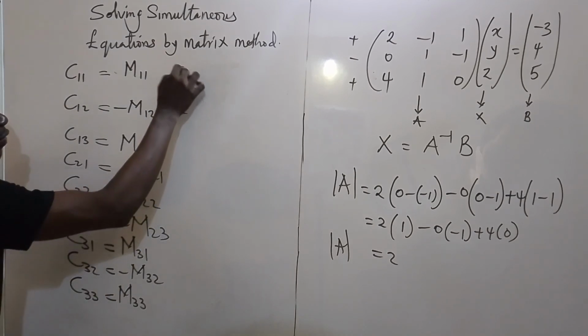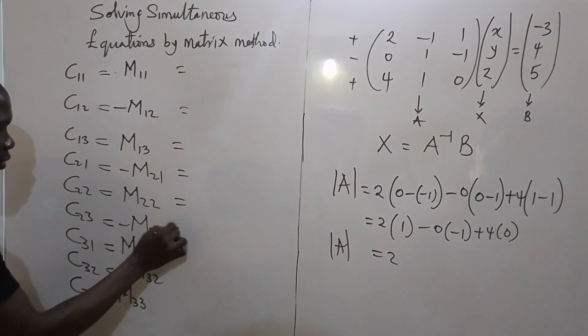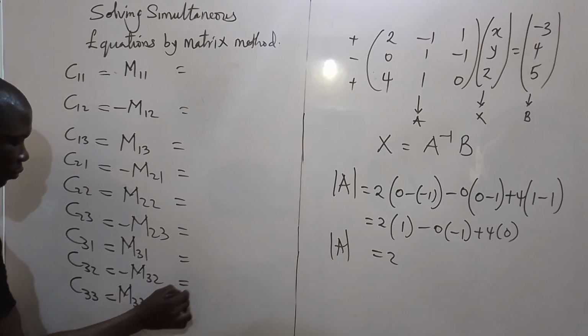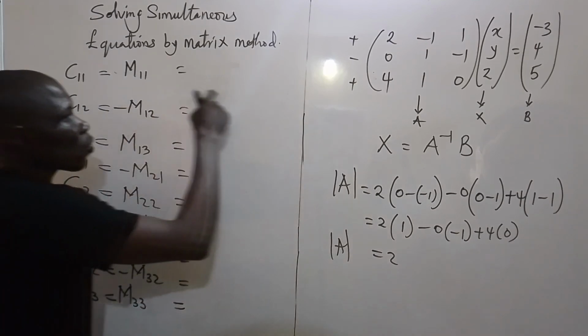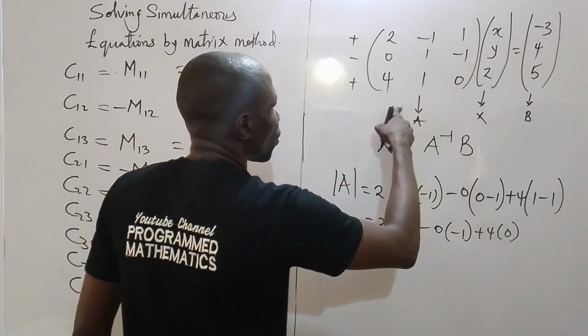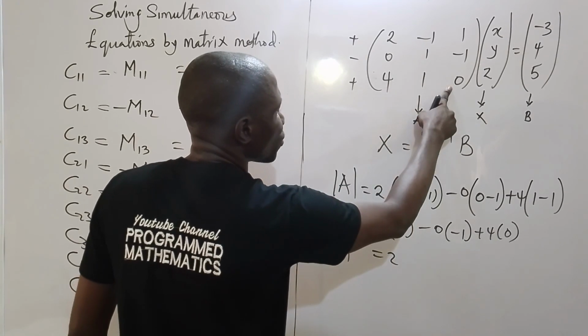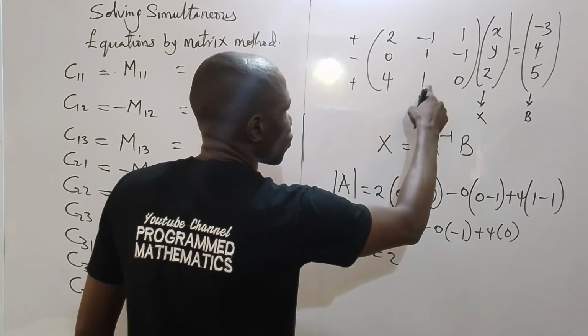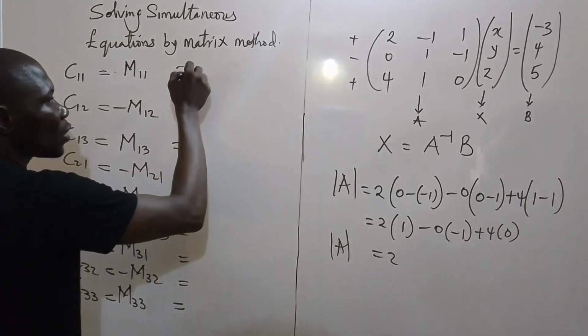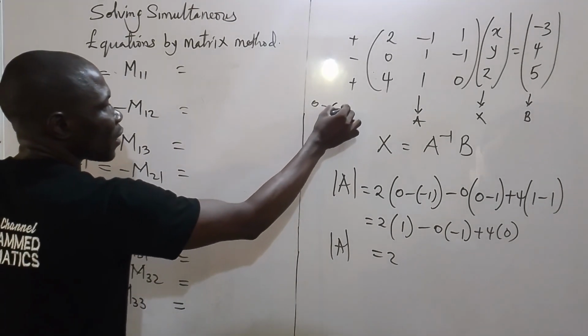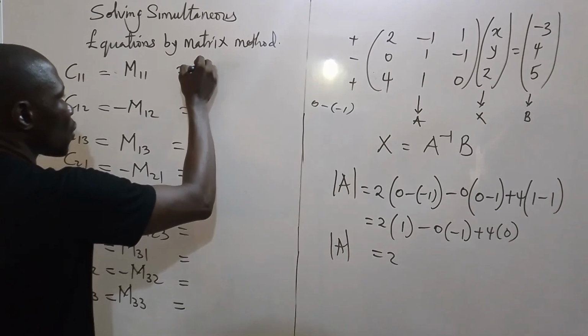So we obtain these values now from the matrix. All right, so M11, first row, first column. We have 1 times 0, that's 0, minus 1 times minus 1. Okay, so 0 minus minus 1, that's plus 1 here.